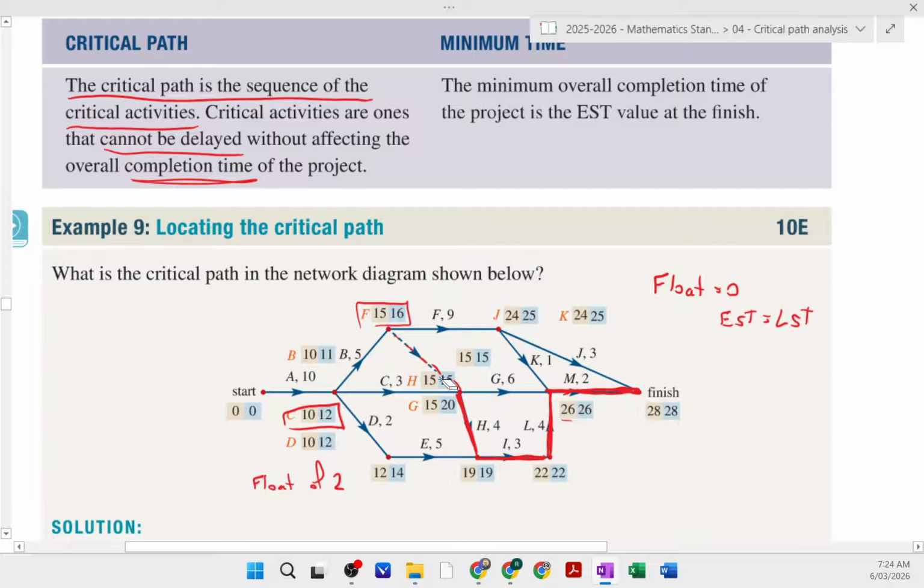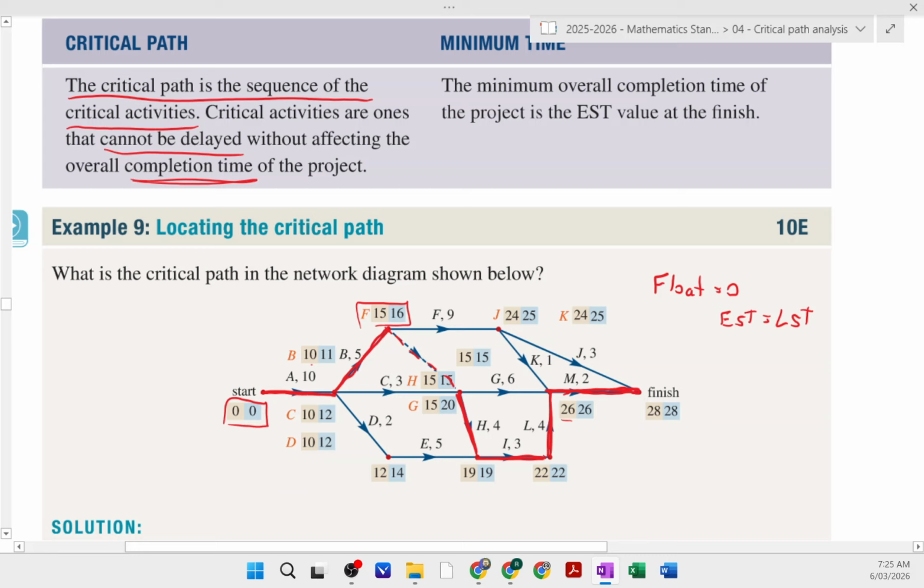So that's the direction I'm going to go. So I'll just do a dotted line up to there. When we get back down to here, we still have a float of only 1. And then we'll come across to here, and we end up at 0, 0. So that is our critical path.